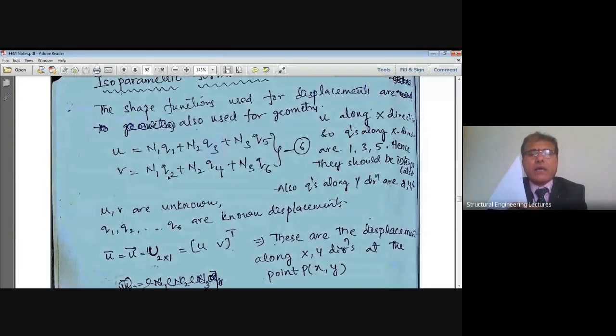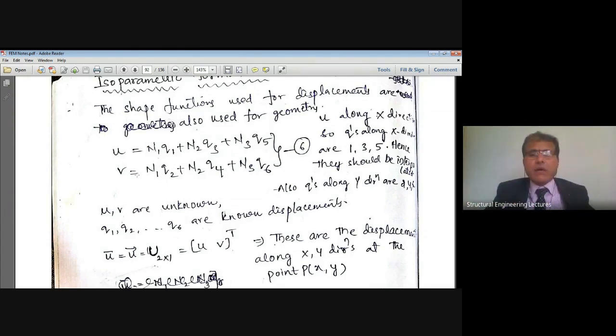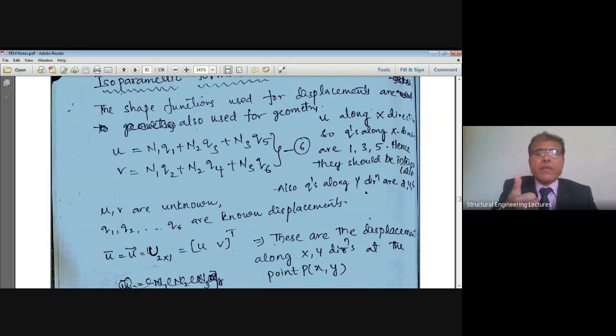Similarly, the displacement at point P in the vertical direction or y direction is, for node 1, N1 multiplied by q2, N2 multiplied by q4, N3 multiplied by q6. All q1, q3, q5 are the displacements or degrees of freedom in x direction, and q2, q4, q6 are the displacements in the vertical direction respectively.